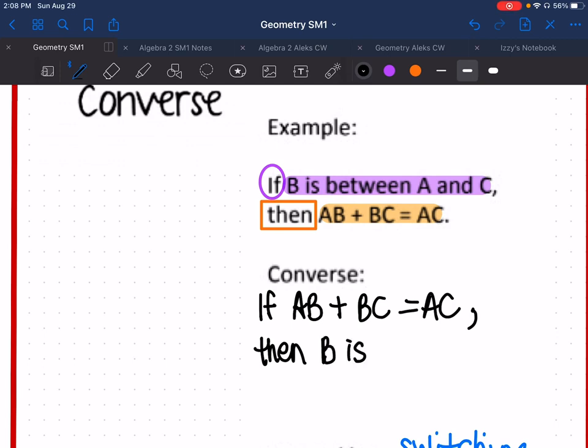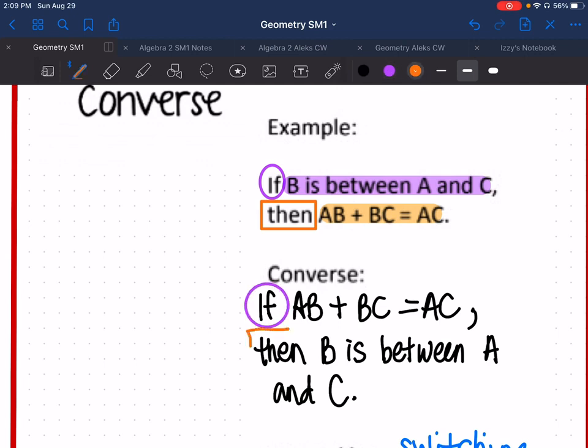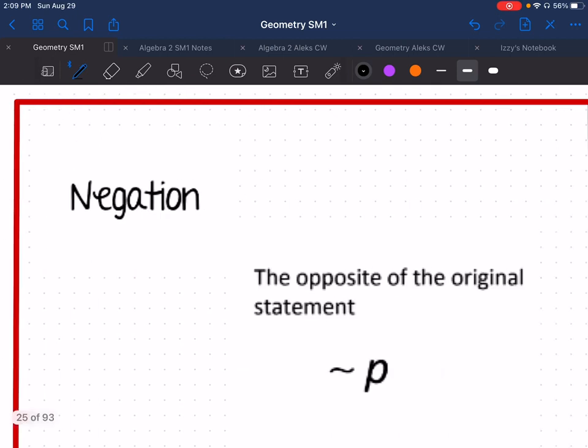Then B is between A and C. Notice I didn't put in any extra words. I kept my if and I kept my then because this is a conditional statement's form. And I also kept my comma right after the hypothesis. Okay? This is the converse.